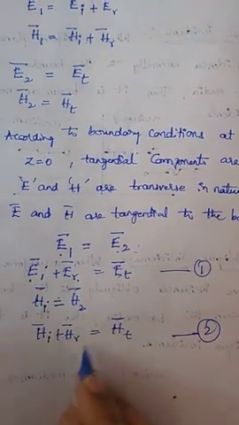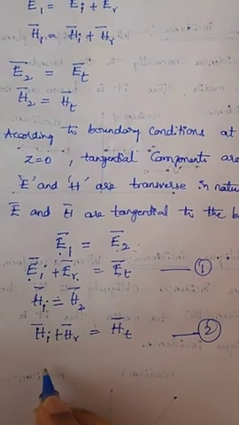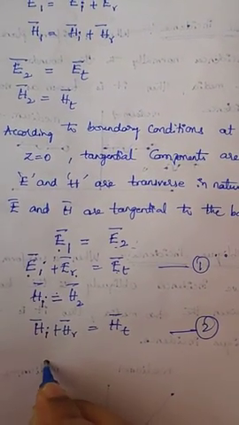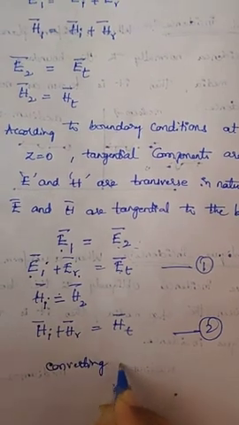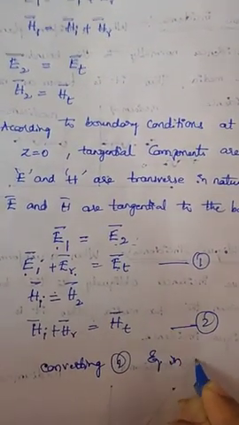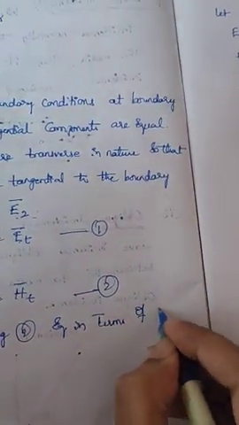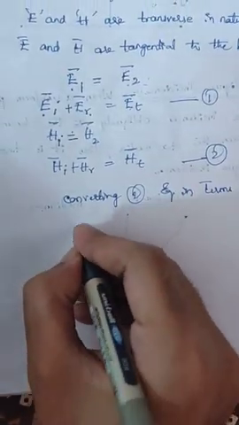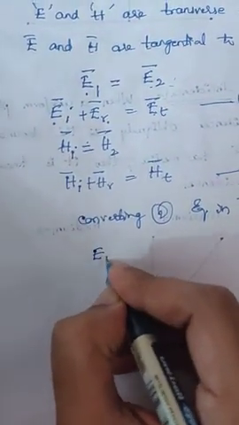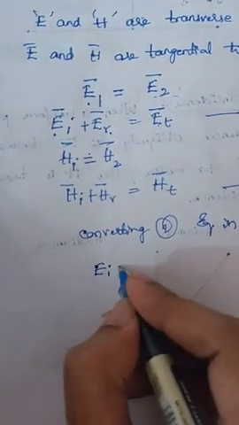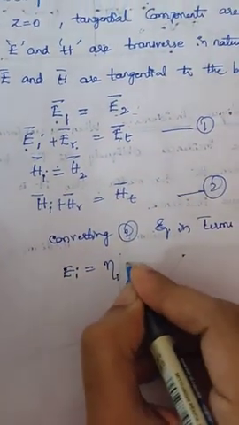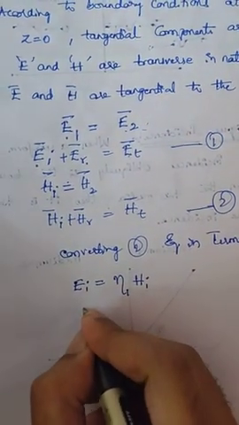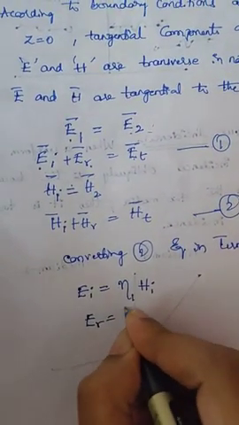I am rewriting the second equation in terms of the first equation, converting the second equation in terms of E. How do I convert it in terms of E? By using the relation EI is equal to the intrinsic impedance of medium 1 times HI, and ER is equal to minus the intrinsic impedance of medium 1 times HR.